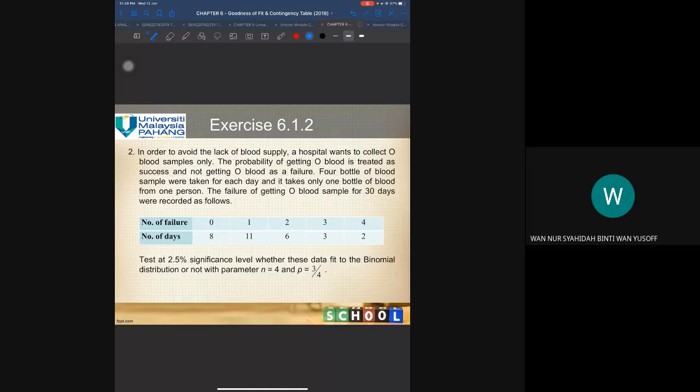Test at the 2.5% significance level whether this data fit the binomial distribution or not, with parameters. So this is your parameters, so automatically your M equal to 0. So it is the binomial distribution. As I said, the distribution is given in your question; we don't assume by our own what distribution we need to fit the data to.